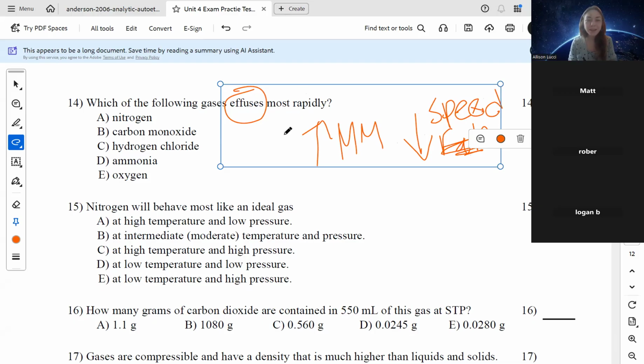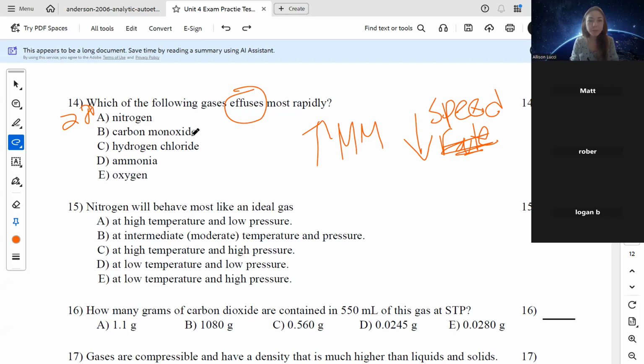So which of these gases will effuse most rapidly? We're looking for the lightest gas. You could quickly go through and say, all right, nitrogen is a diatomic, so that's 28, because we have 2 times 14. Carbon monoxide, that's CO, so I have 12 plus 16, so that's also 28 grams per mole.